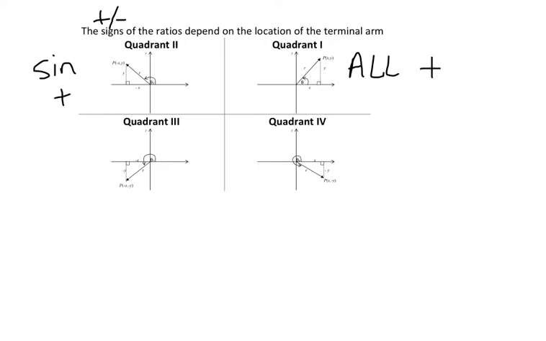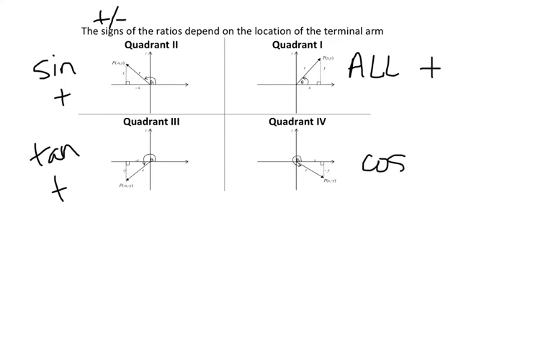So all positive, sine positive. Down here, both x and y are negative. So tangent, being opposite over adjacent, negative divided by negative is positive. That means over here, tangent is positive. Quadrant 4, x is positive, so that means my adjacent is positive.